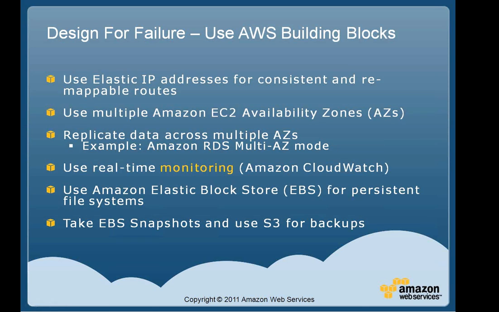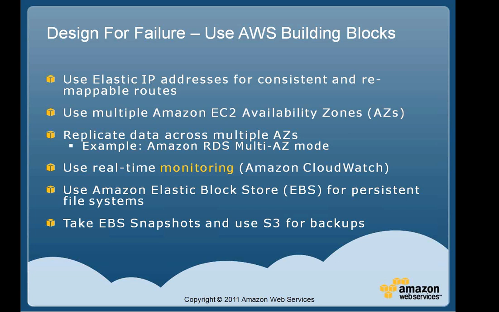All right, so let's take a look at some of those building blocks. I think Jeff did a great job introducing the concepts already. So again, what's really important here is the building block that we call the Elastic IP address. And why is that important? Well, it gives you a public IP address that you can map to any of your running instances in the region.